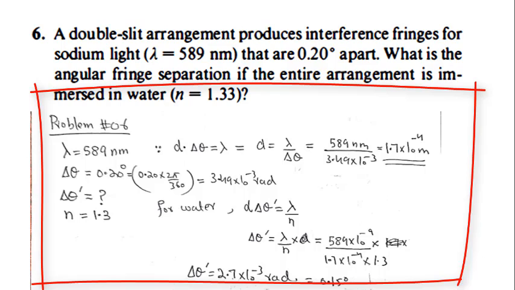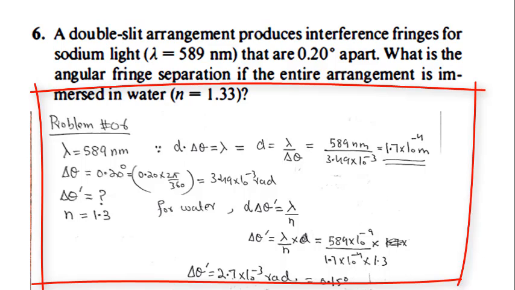So I can use the similar expression for the new arrangement in water, that is d times delta theta prime equal to lambda by n, because if in vacuum the wavelength is lambda, then in a medium with refractive index n, the wavelength will be lambda by n. So delta theta prime will be lambda by n, divided by d.